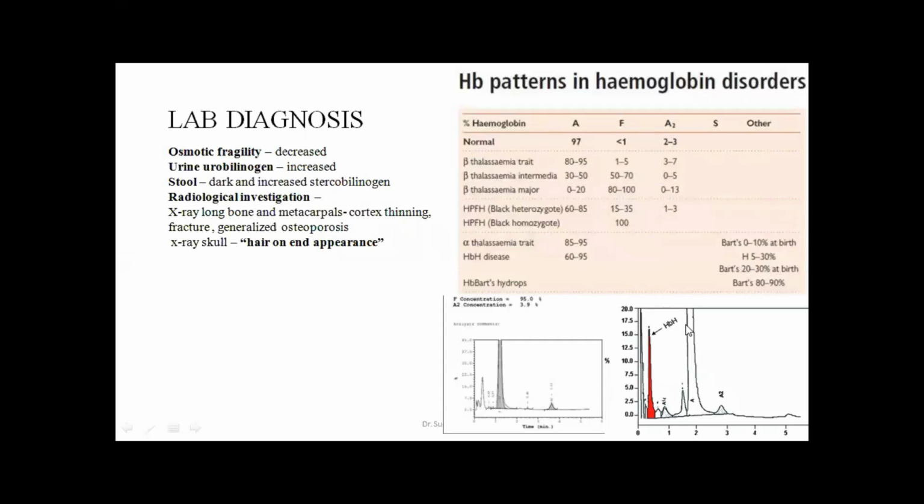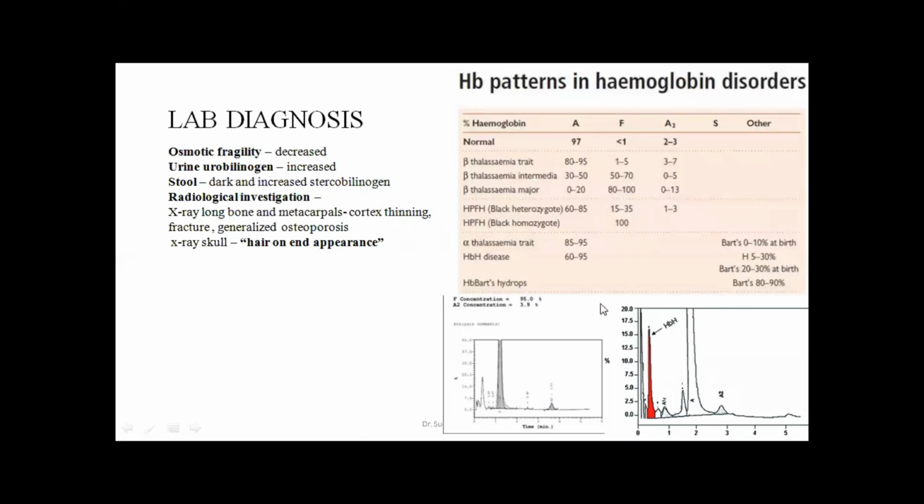HbH is a polymerization of beta chains, other globin chains. There is deletion of 3 genes in HbH disease. So one alpha will pair with the other 3 beta chains, and this will lead to the production of a different type of hemoglobin known as HbH.